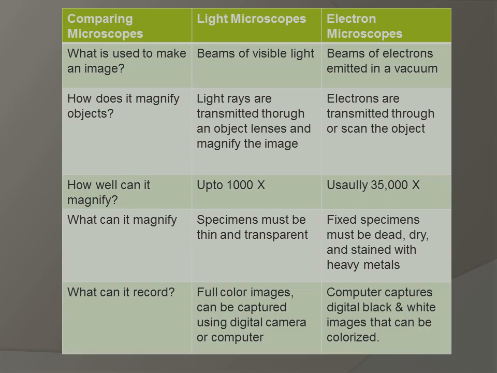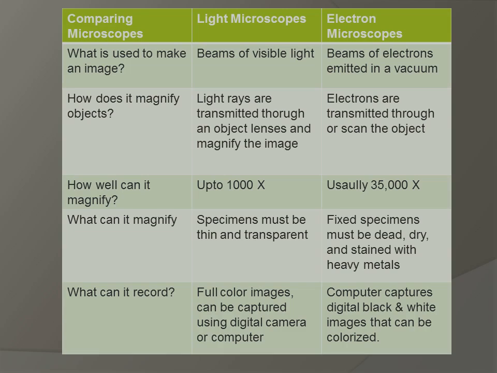The magnification is about 1000 in light microscopes, and it is more than 35,000 in electron microscopes. How can it magnify? The specimen can be magnified by using the types of condenser lenses, as you can see in the diagram.